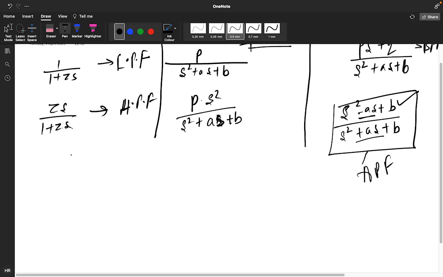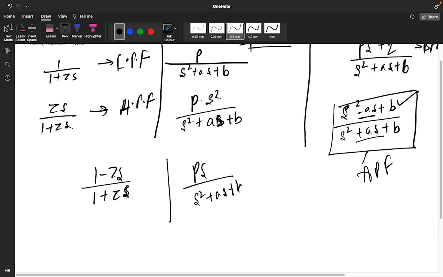An all pass filter can also be written as 1 minus tau s divided by 1 plus tau s. A second order band pass filter will be p s divided by s square plus as plus b. This is the second order band pass filter.